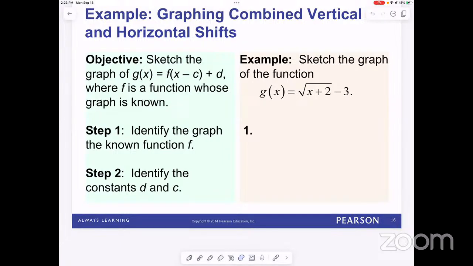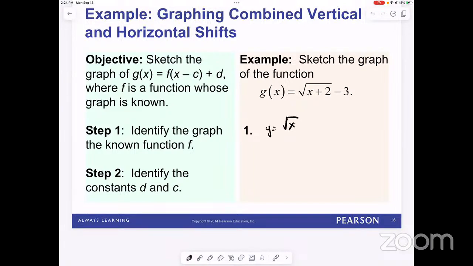So the notes here would be, the basic function we're going to work with is y equals square root of x, okay? That +2 tells us to take the square root of x and move it left 2 units.